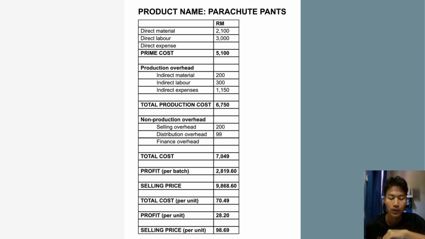So the total cost is 7,049 ringgit. Next is the profit for batch is 2,890 ringgit and 60 cent. And the selling price for the batch is 9,868 and 60 cent. Next is total cost per unit is 70 ringgit 49 cent. The profit per unit is 28 ringgit and 20 cent, and the selling price per unit is 98 ringgit and 69 cent.